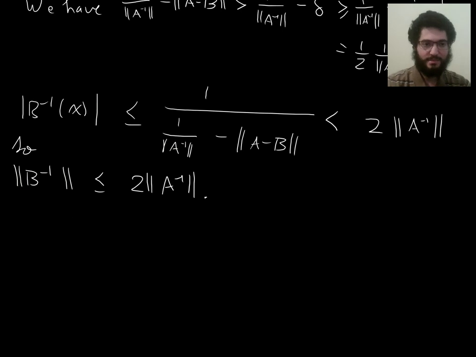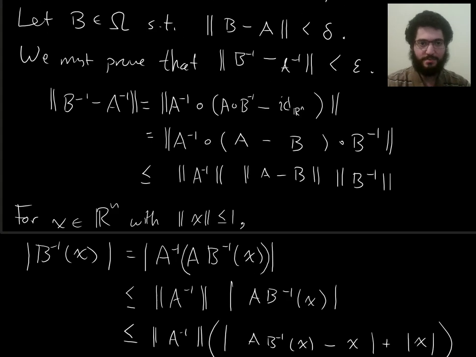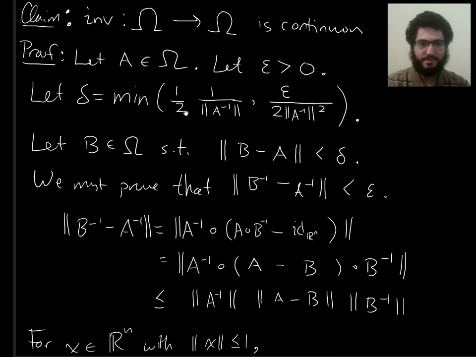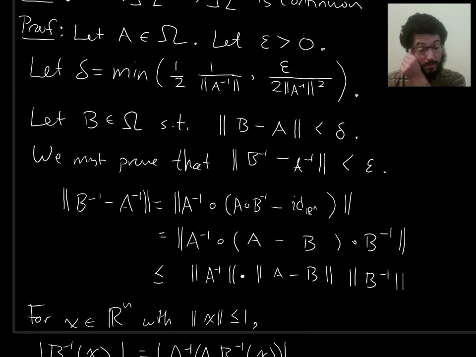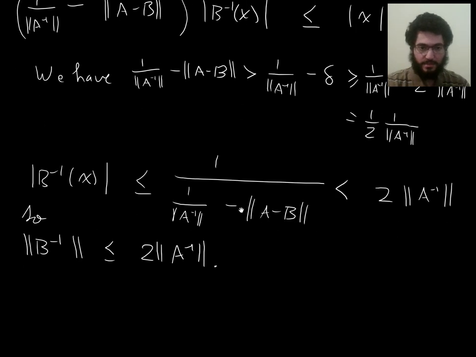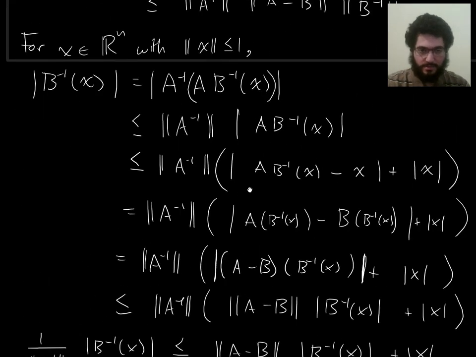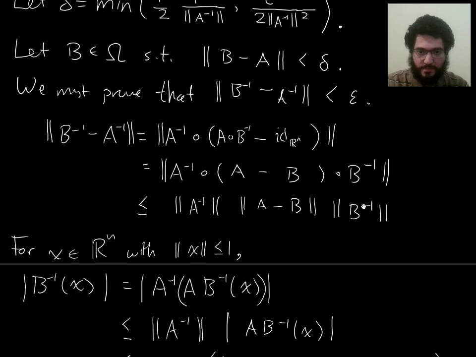So this is not a general fact, but it's guaranteed by our choice of delta, this portion of our choice of delta. Okay, great. So let's go back to where we needed to control the norm of B inverse. That was here, right? So now let's look at the distance between B inverse and A inverse and continue from over here.